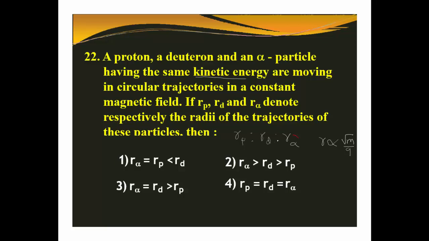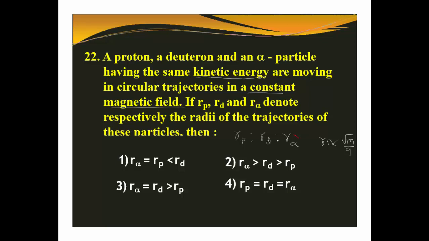I will point out, same kinetic energy and constant magnetic field. Remember this formula, the radius of the circular path is proportional to the square root of m divided by q. What is m? Mass of that particle. q is the charge of that particle.